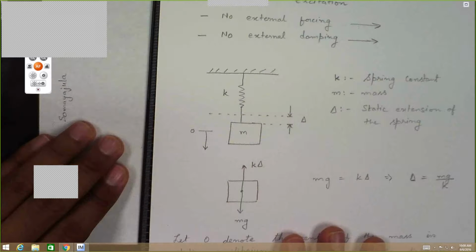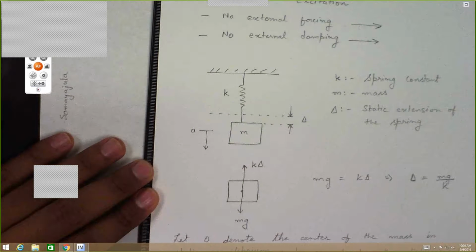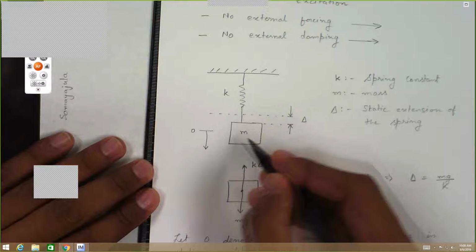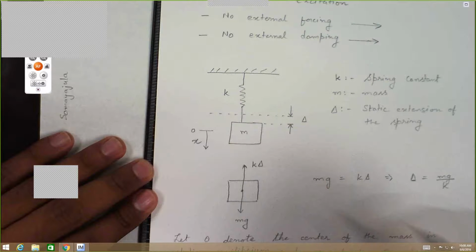So all we have done here is assume that O is the center of the mass in the static equilibrium position, and then we are displacing the mass further down by X.